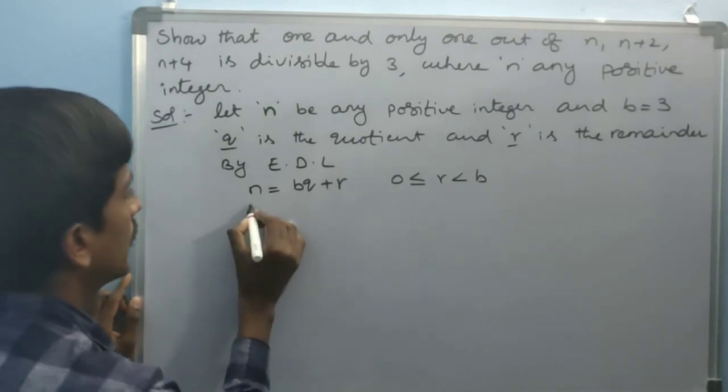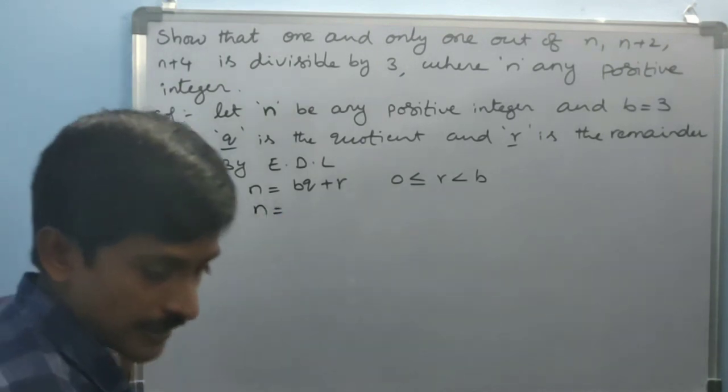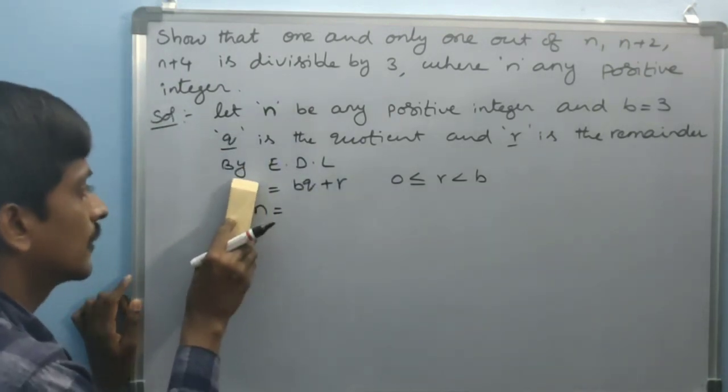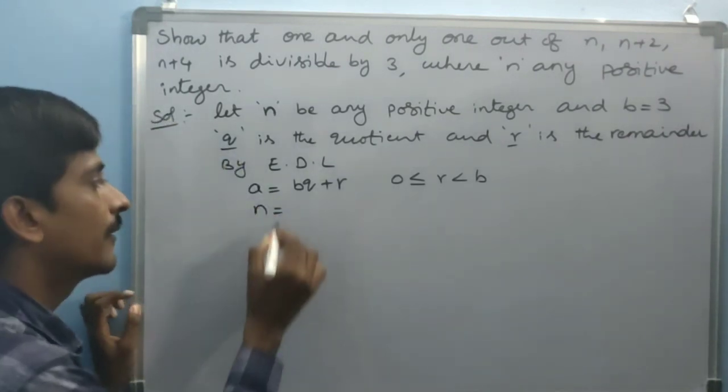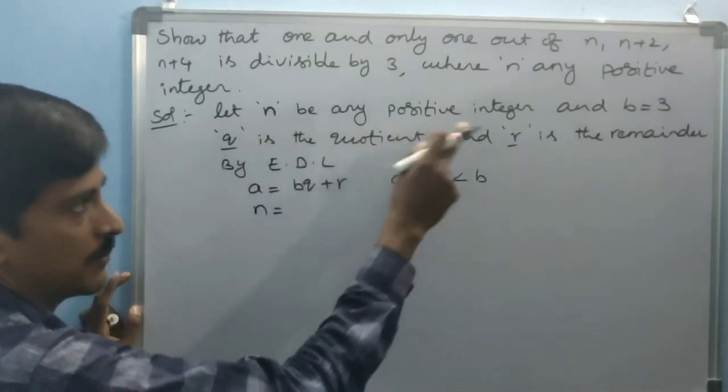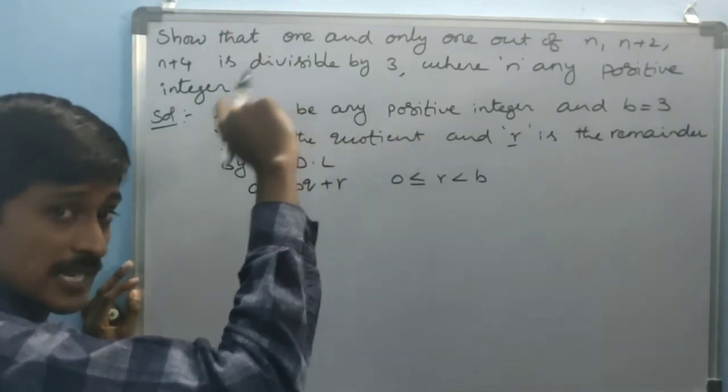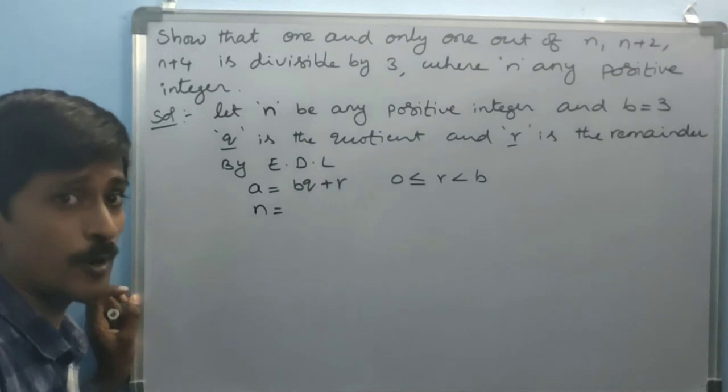Actually a equals bq plus r is our condition, where a, that is n, is any positive integer.